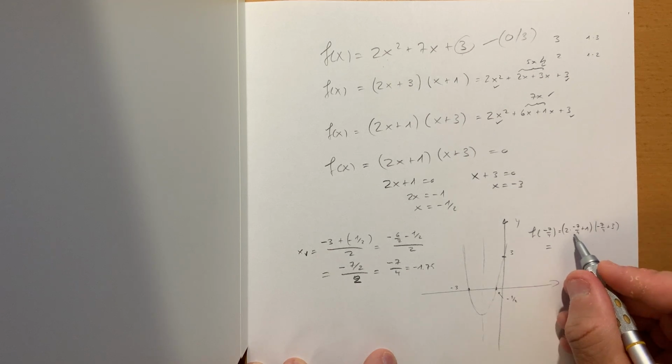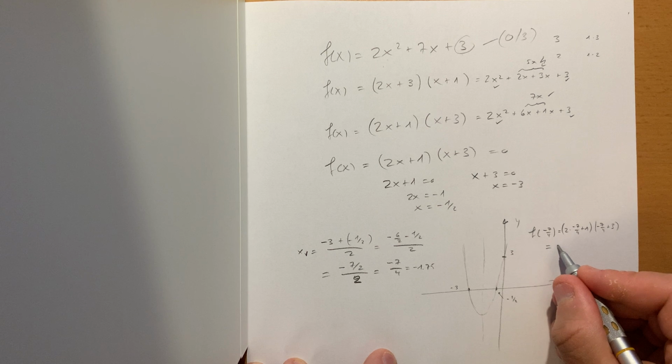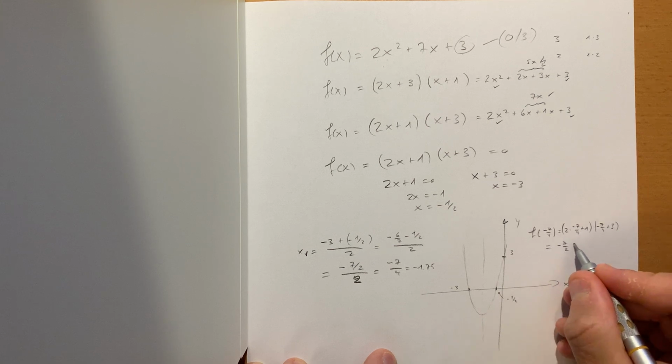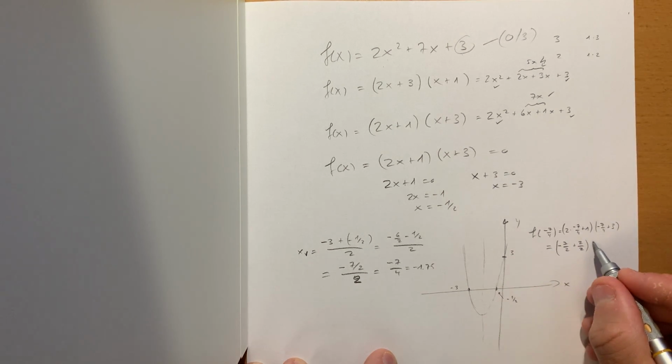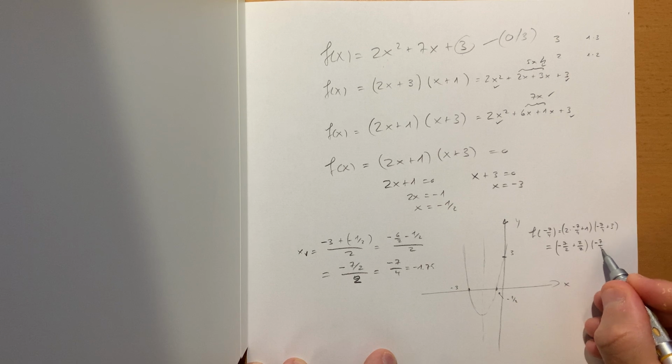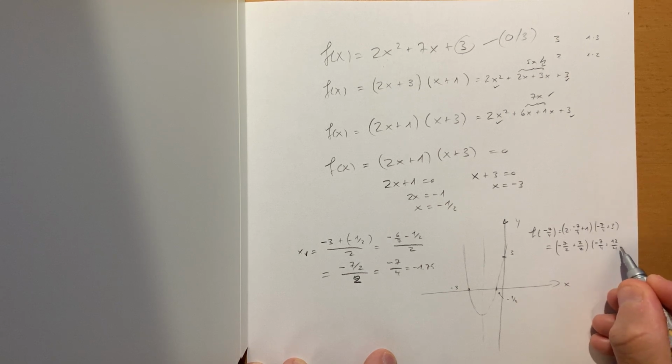Now look, this is minus 7 halves plus 2 halves, which is minus 5 halves. And minus 7 quarters plus 12 quarters is 5 quarters.